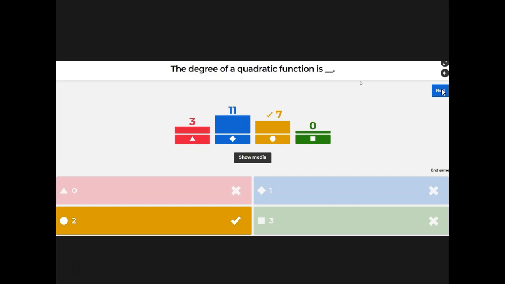You need to be paying attention. A quadratic function is always degree 2, hence the x squared part of the term. A quadratic is degree 2, linear is degree 1, cubic is 3.